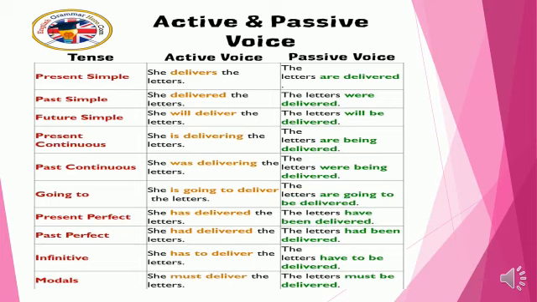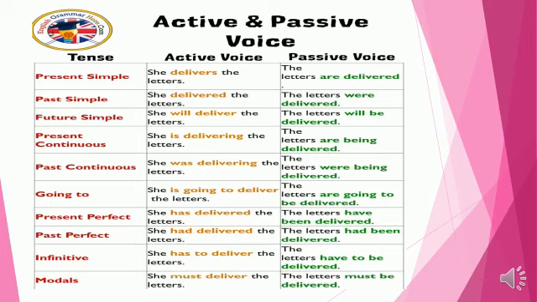So we get the object and verb to be am or is or are and the past participle. Second one is past simple. She delivered the letters, so the letters were delivered by her, if we want to say by. Why did we use were? Because the tense of the sentence is in the past.